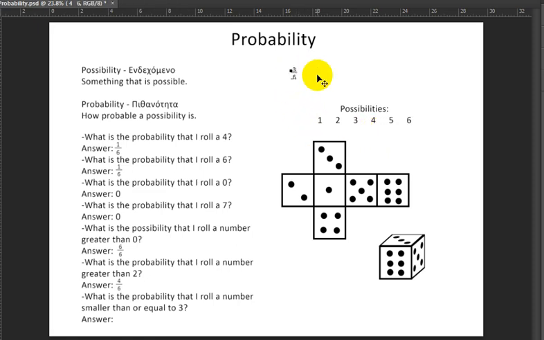So the probability of rolling a number smaller than or equal to 3 is 3 out of 6, because 3 of the possible outcomes meet the conditions that I set. If I said smaller than or equal to 4, it would be 4 out of 6.